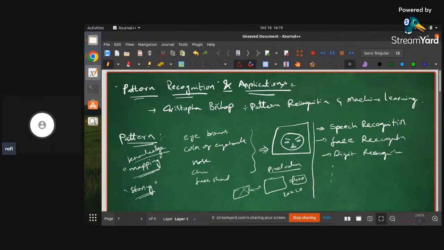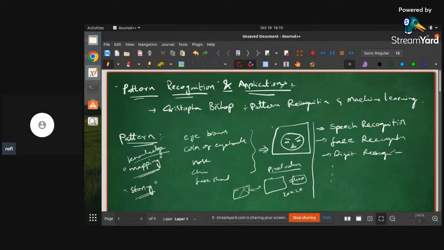That is storing: just storing the information as it is, and there is nothing like processing. In knowledge mapping, you have seen many persons, eyes, nose, eyebrows, everything. So if you meet a new person, you try to correlate.